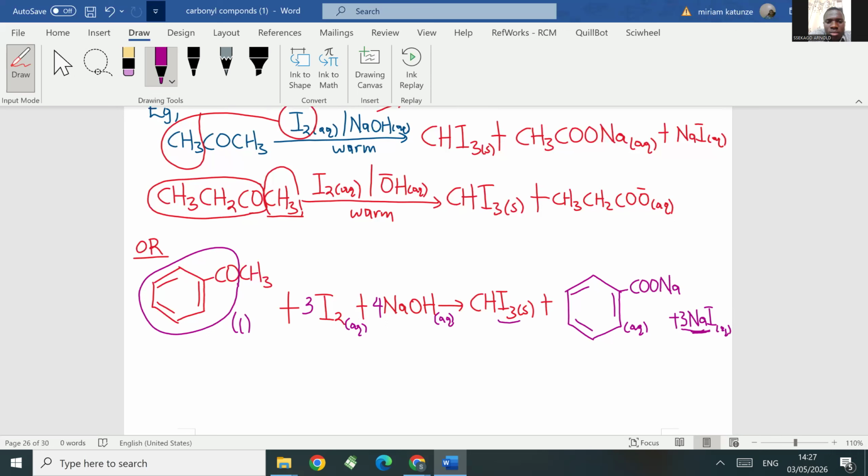Now look at hydrogens. How many are they? On the left-hand side, I have 7 hydrogens. Hope you agree with me that there are 7 hydrogens. But on the right-hand side, there are those hydrogens on the benzene ring which I'm not counting.